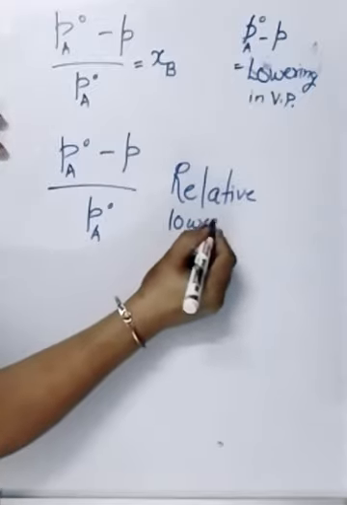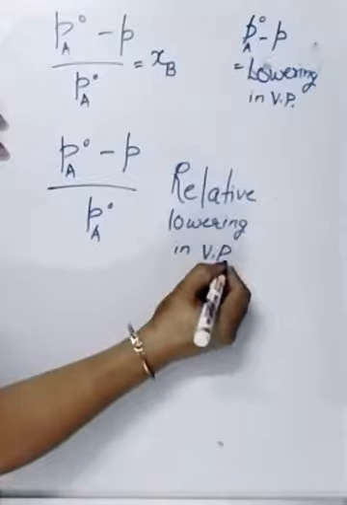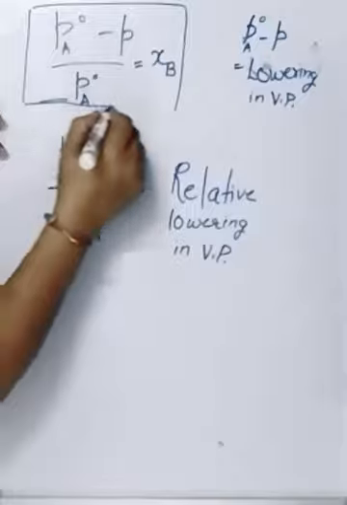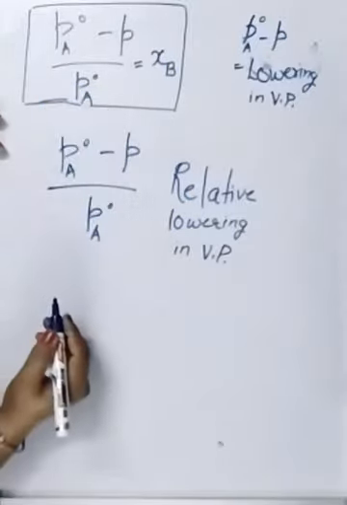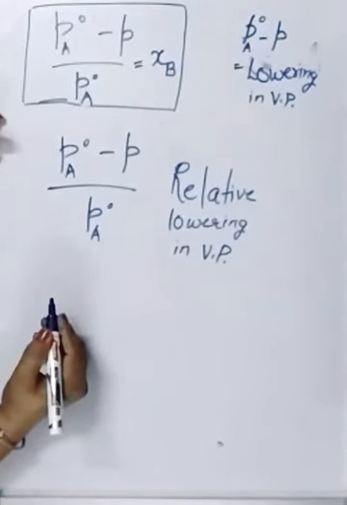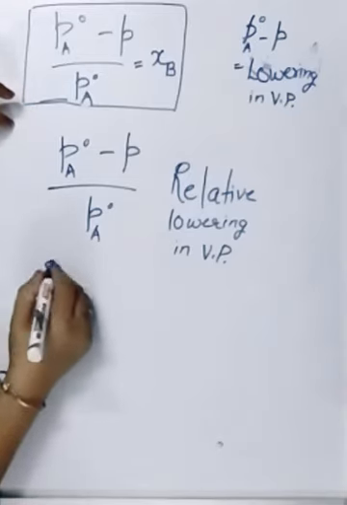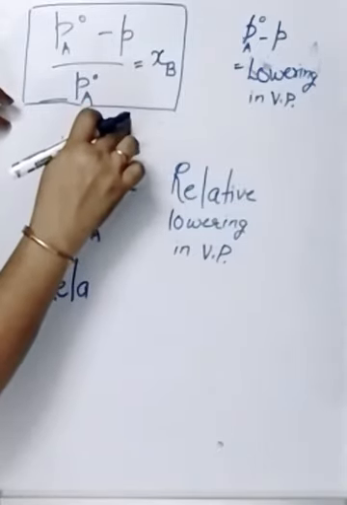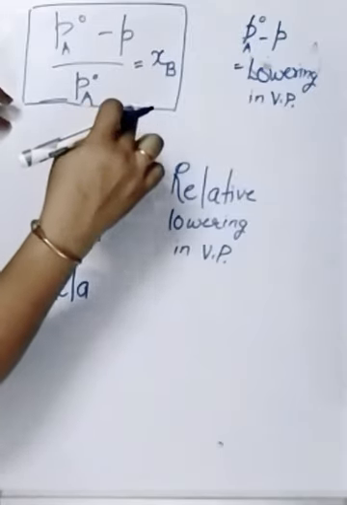So we see in the above expression that relative lowering in vapor pressure is equal to the mole fraction of the solute. Relative lowering in vapor pressure is equal to the mole fraction of the solute. So from here, this is the expression for Raoult's law for a liquid solution containing non-volatile solute.